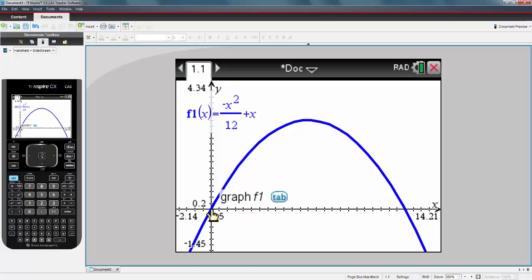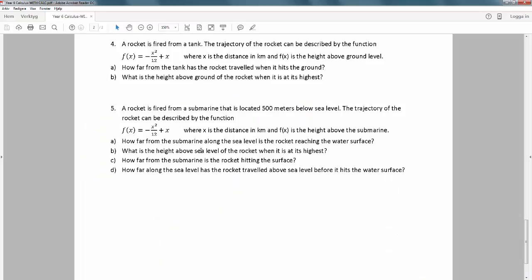And then, of course, it's below sea level. So where is the sea level? The submarine is located 500 meters below sea level. How far from the submarine along the sea level is the rocket reaching the water surface?